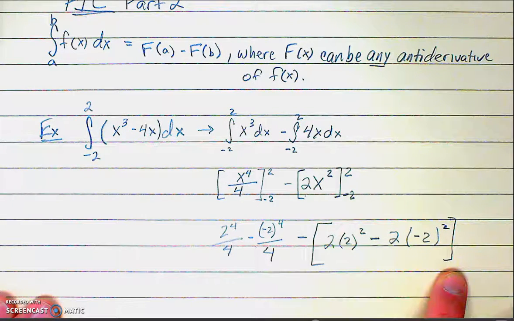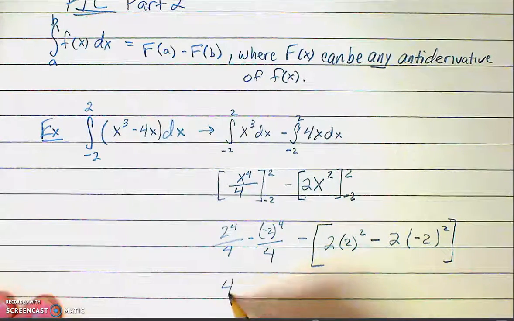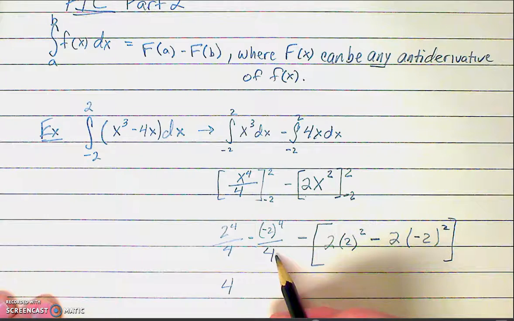So this is one quantity that we need to simplify first. 2 to the 4th is just 16. 16 divided by 4 is 4. Negative 2 to the 4th is 16. 16 divided by 4 is 4.